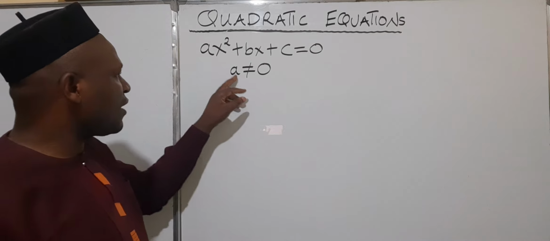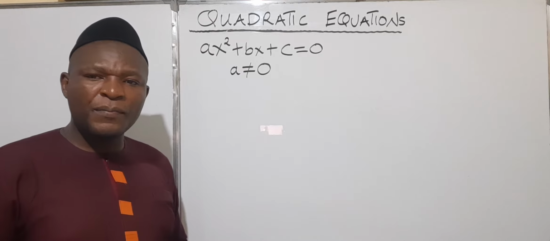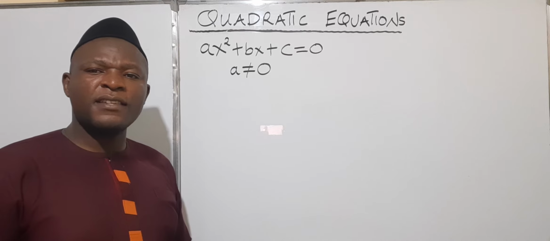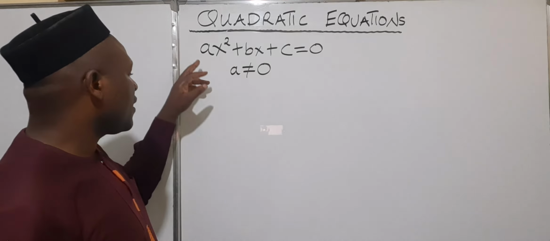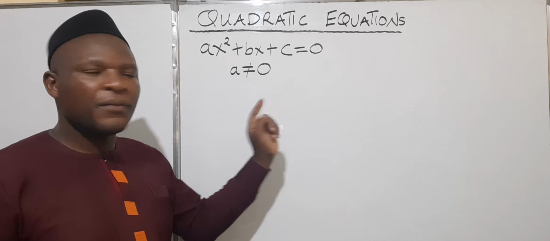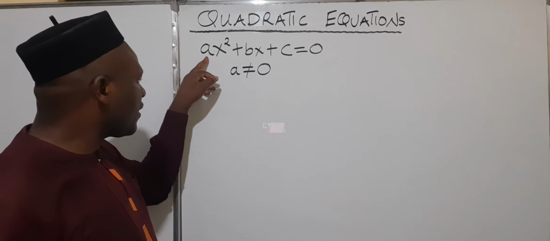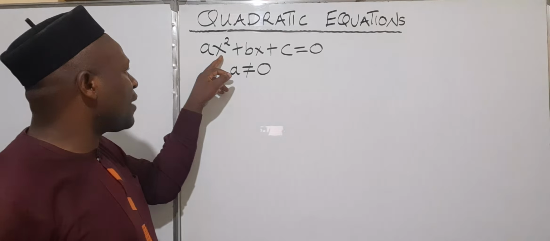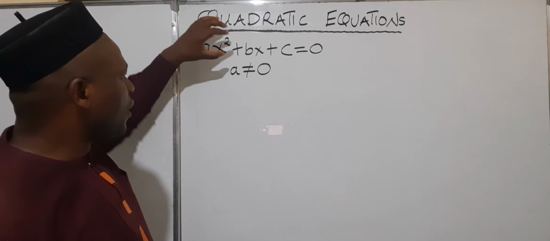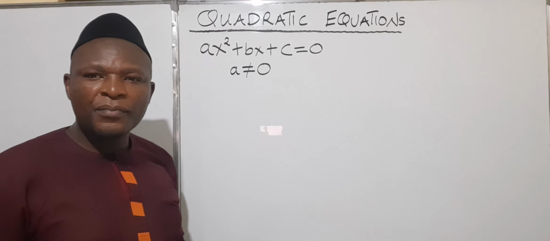Now, why are we saying the value of a should never be equal to 0? The reason is very simple, following what I've just said. If, for instance, a is 0, it means that 0 for the a multiplied by x gives you a 0, meaning this term will disappear.